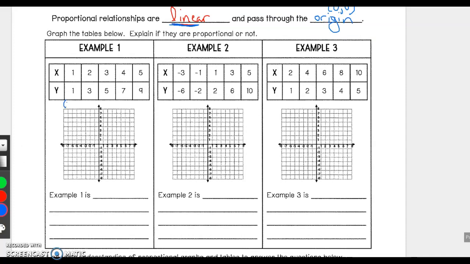Remember, these are ordered pairs, and you don't have to write them as ordered pairs unless it helps you, but make sure we're going left and right first, then up and down. So we have 1, 1, 2, 3, and then we have 3, 5, and 4, 7, and 5, 9 is going to be off the graph.